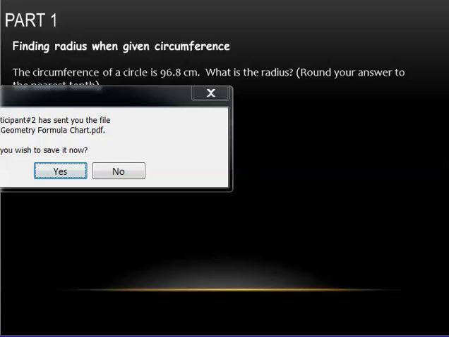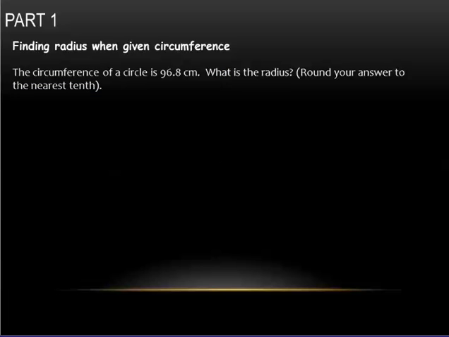There we go. That's a geometry formula chart. It has all the formulas on it that you're going to need. You need this for this lesson. You're going to need it for the first 2 units at least next semester. So I would keep my geometry formula chart on my desktop.